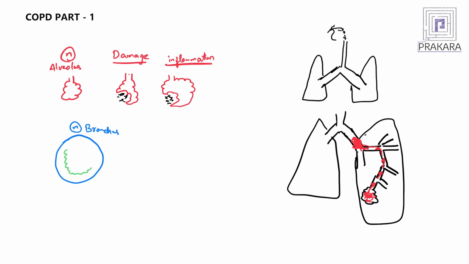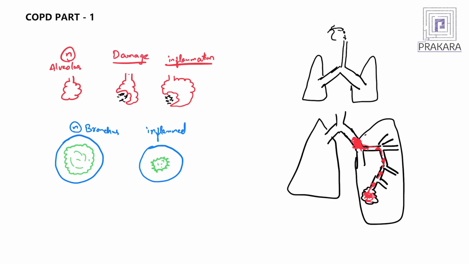Now in the bronchus, this is the lining of the bronchus. So now inflammation, when it spreads to the bronchi, they are inflamed. Because of this inflammation, there is mucus plugging inside. It is narrowed. Can you see the lumen? Here the lumen is more, whereas here the lumen is less.